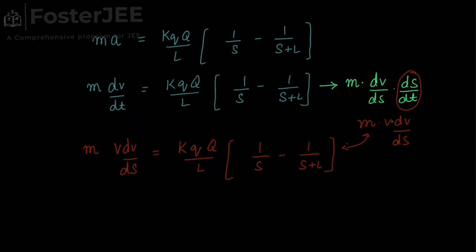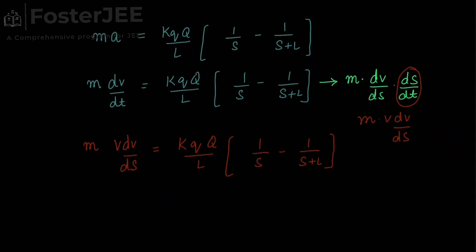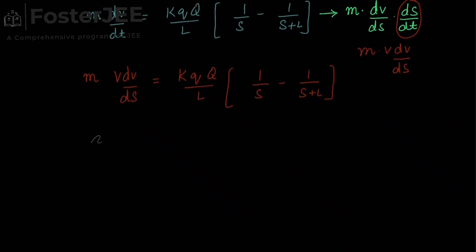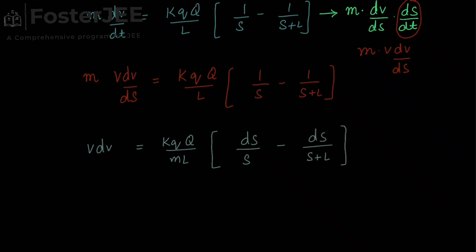So the time term is eliminated, so it becomes easier to integrate this equation. Now rearranging the terms, we can write v dv equals KQq upon ml into ds upon s minus ds upon s plus l. Now we will simply integrate this equation.